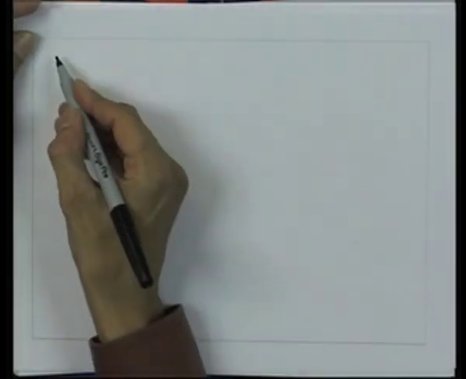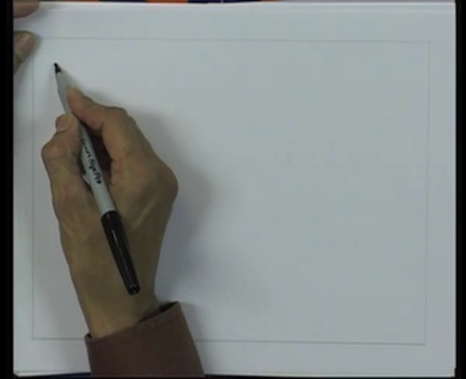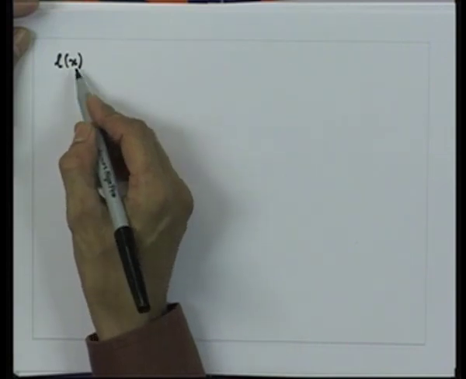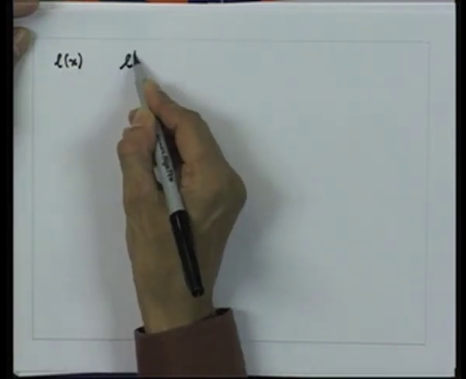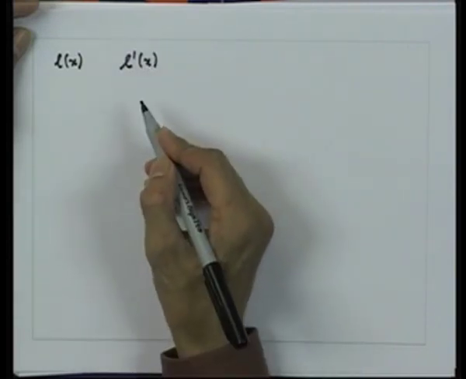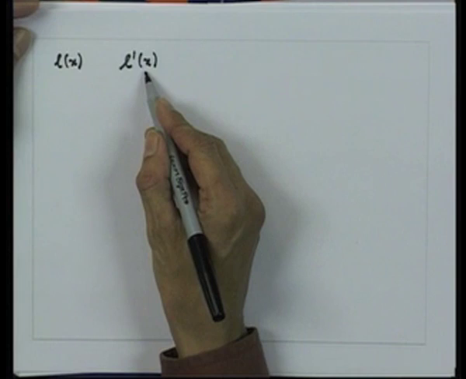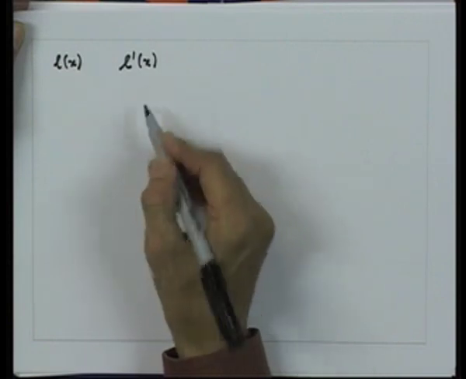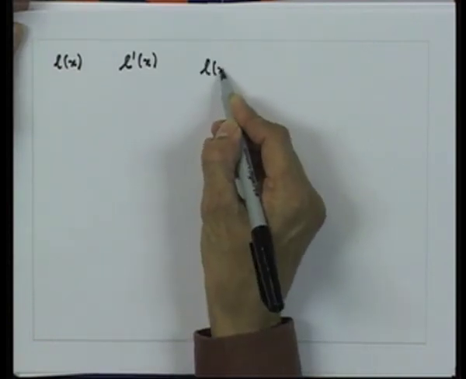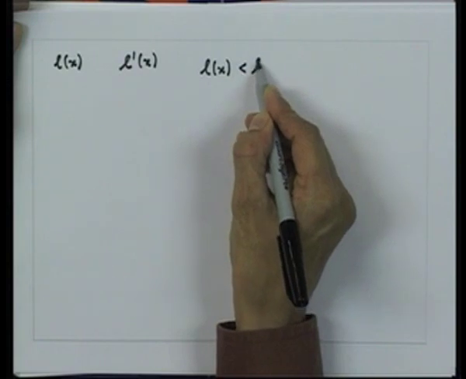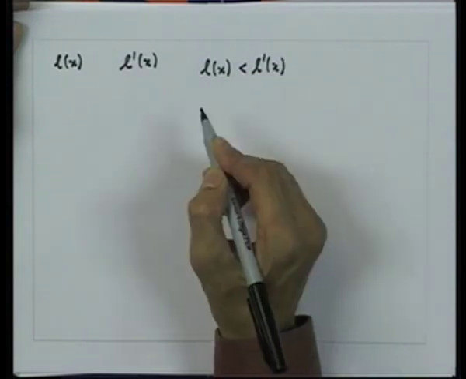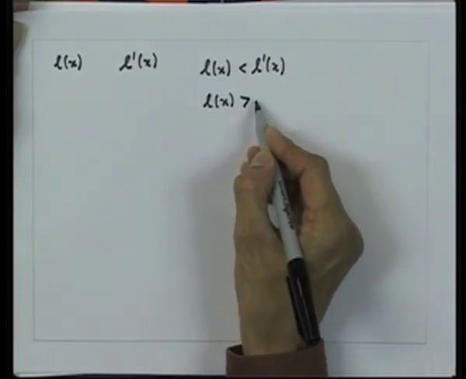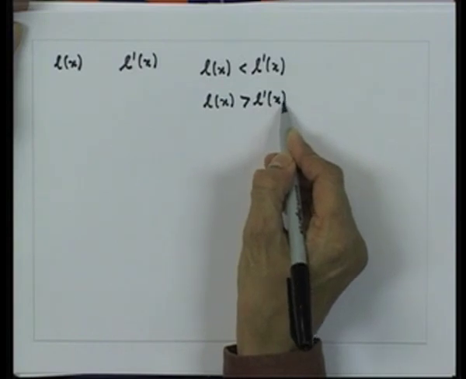Suppose I have the code word length Lx for the Shannon code and L dash x as the code word length for any other uniquely decodable code, then what one would like to ensure is that Lx is less than L dash x more often than Lx is greater than L dash x.